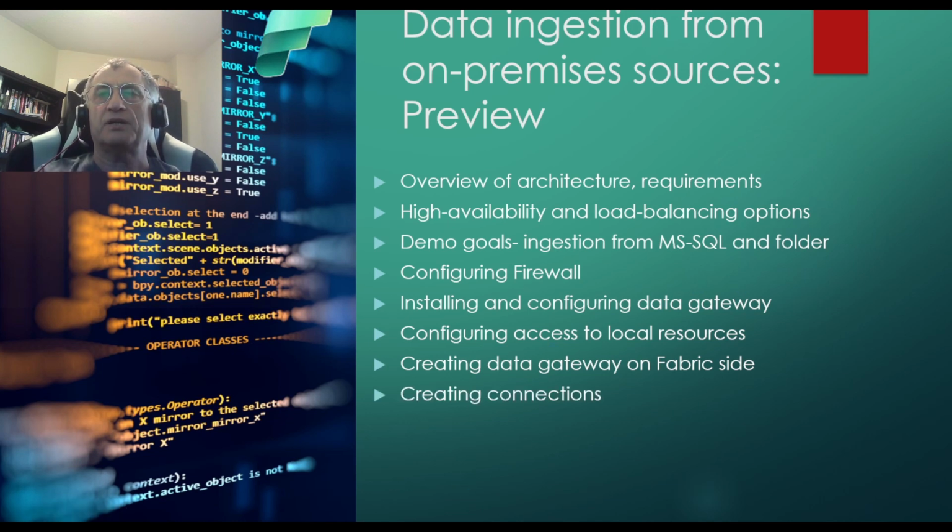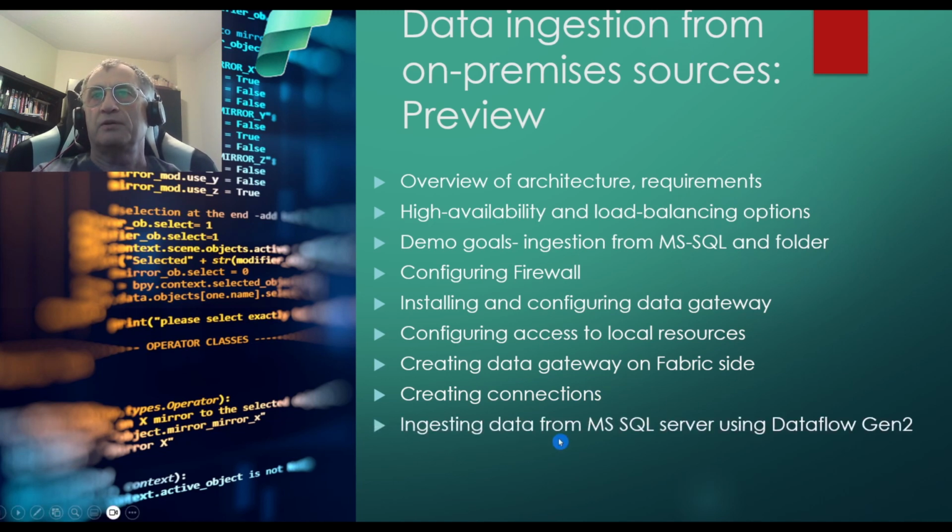Then we'll create connections. Then we will build pipelines to ingest data from Microsoft SQL using Dataflow Gen2. Finally, we'll be ingesting files from the local file system using data pipelines.